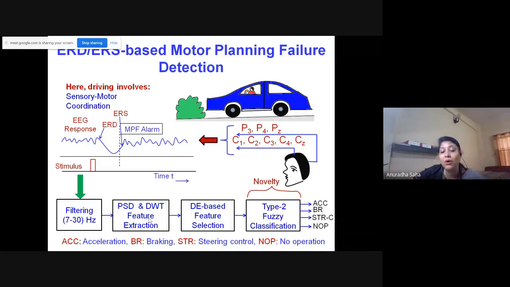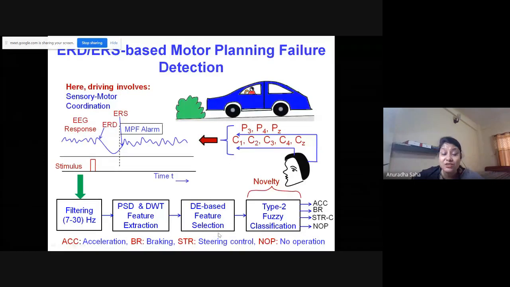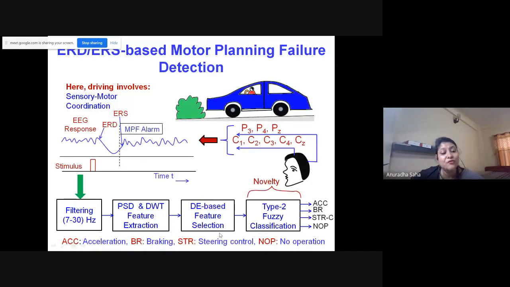So whenever we expect misclassification, we go for another step, which is called the feature selection step. Even if we have extracted all the EEG features, there may be some features with similar trends. Some features try to classify acceleration, and also try to classify no operation.